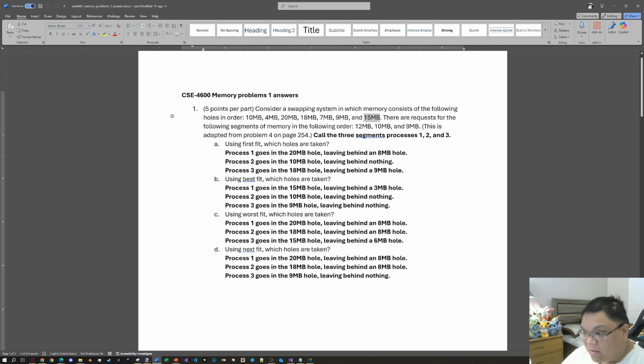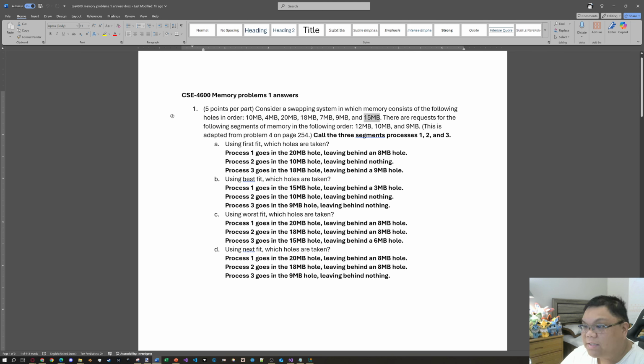Worst fit is where we find the largest hole available and just put the process in that hole. This is going to leave behind a leftover hole. So, under worst fit, we put the 12 megabyte process into the 20 megabyte hole. So process 1 goes in the 20 megabyte hole.